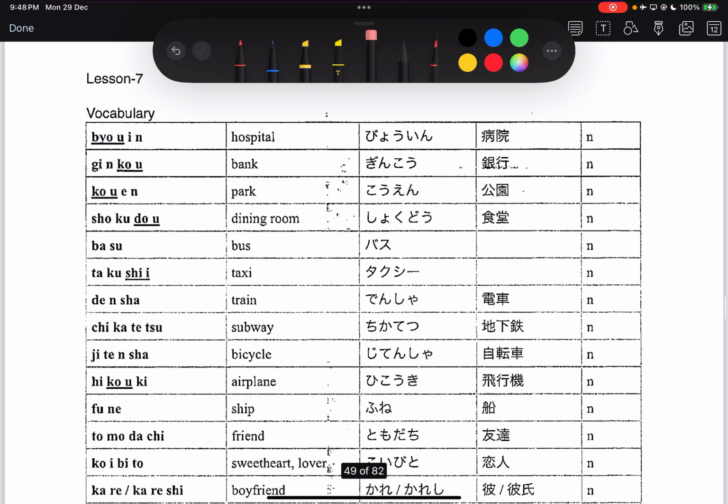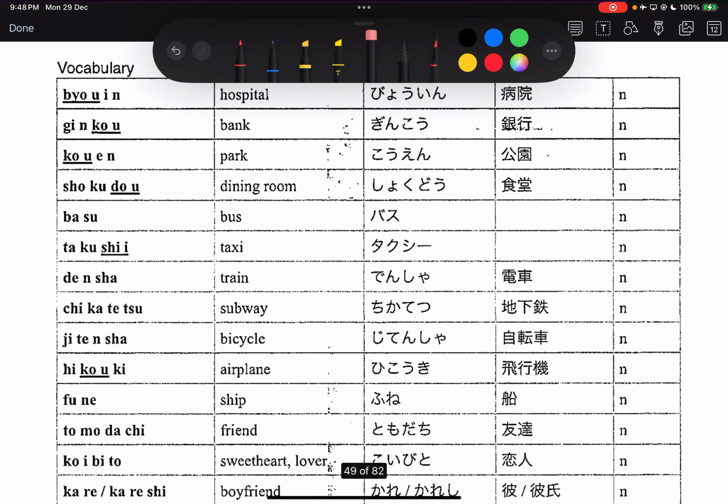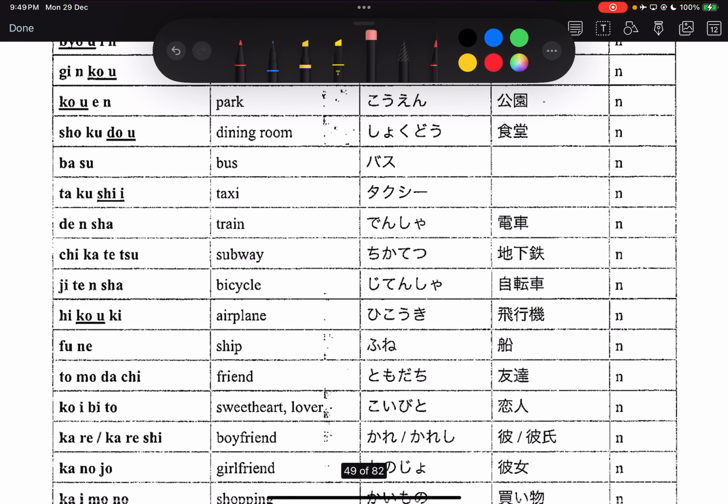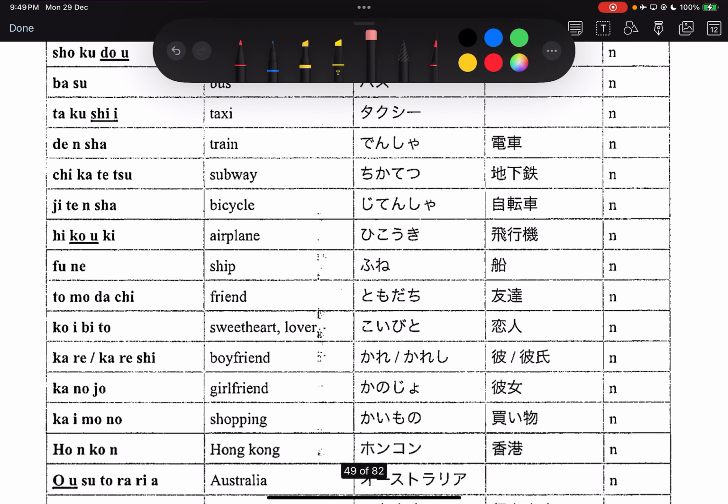Vocabulary. Just repeat after me. Can you find it? Okay. 病院, 銀行, 公園, 食堂, バス, タクシー, 電車, 地下鉄, 自転車, 飛行機.